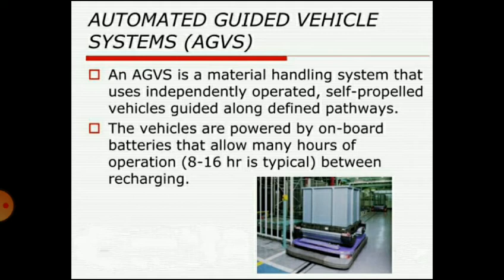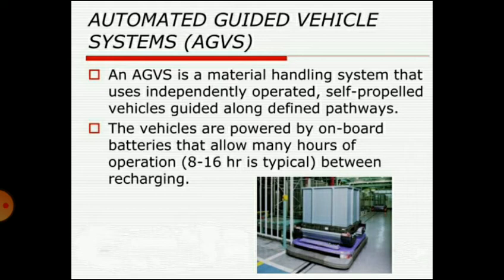An automated guided vehicle system is a material handling system that uses independently operated self-propelled vehicles that are guided along defined pathways in the floor. The vehicles are powered by means of on-board batteries that allow operation for several hours.